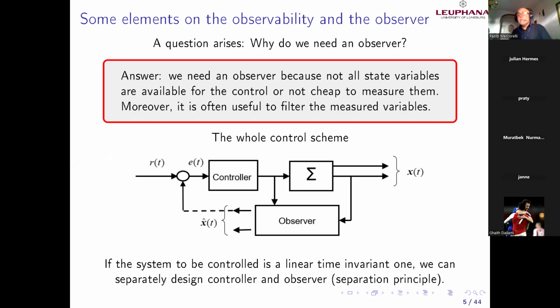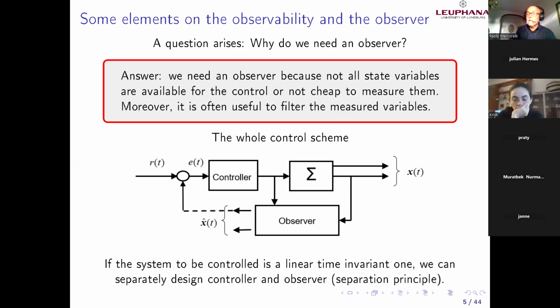This means even though I have the possibility to measure everything, it makes sense, nevertheless, to estimate. Okay, here we see a little bit the goal. Because sometimes it depends on which kind of controller I want to use, I need all states in order to control.